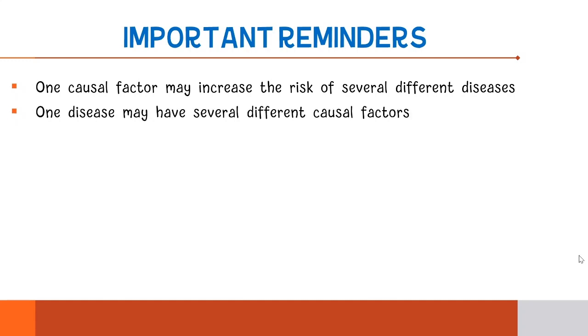Next, one disease may have several different causal factors. Like for example, COPD that we mentioned. Smoking is one causal factor, but it is not exclusive to that. You can get COPD if you are exposed to dust like coal dust or silica, or COPD could also be caused by a genetic factor.